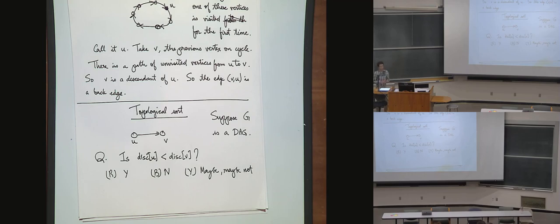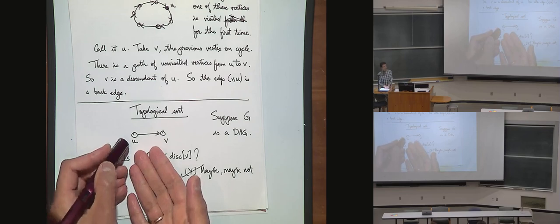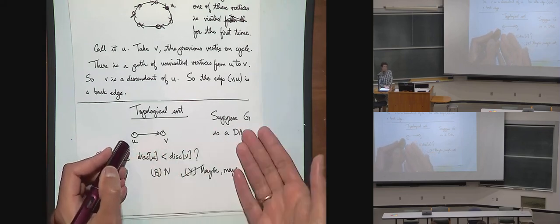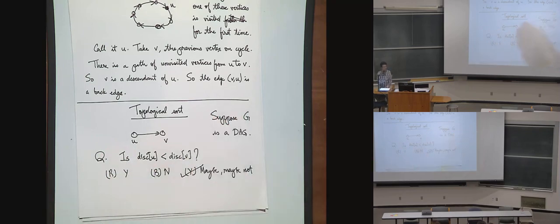Okay, good. Most of you are saying maybe, maybe not, which is right, because you don't know. Maybe it decided to visit U first, and if it visited U first, then it's going to discover U and V. But it could also happen that just by the loop, it looked at V first.